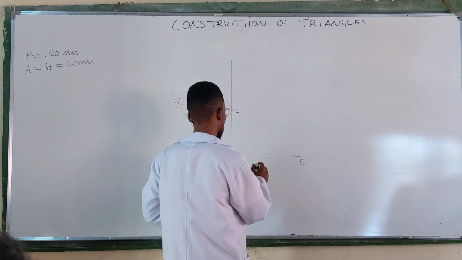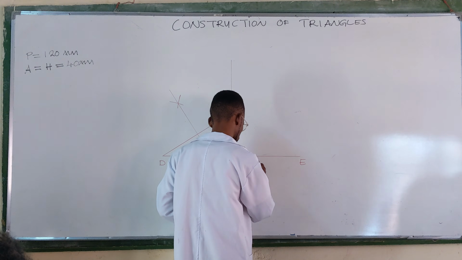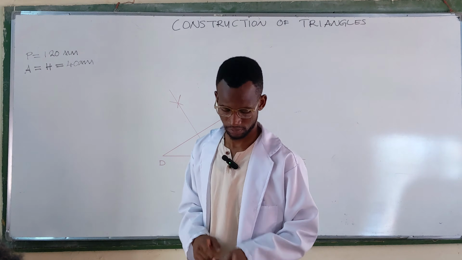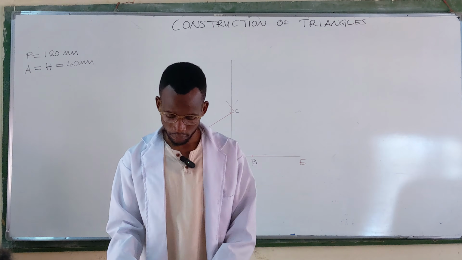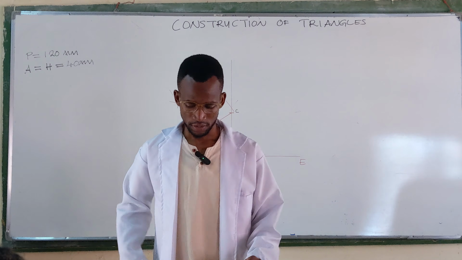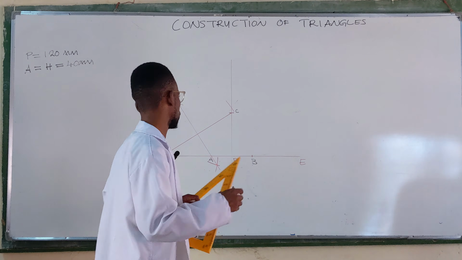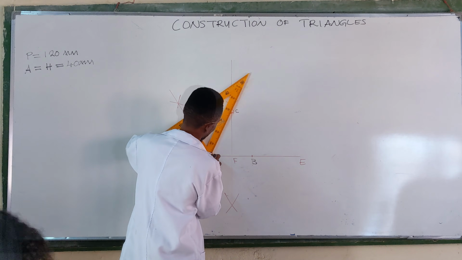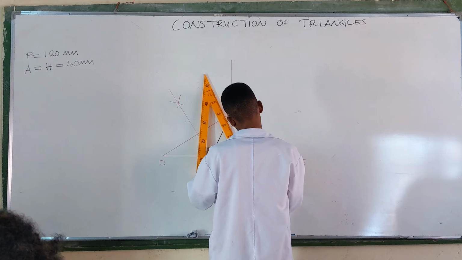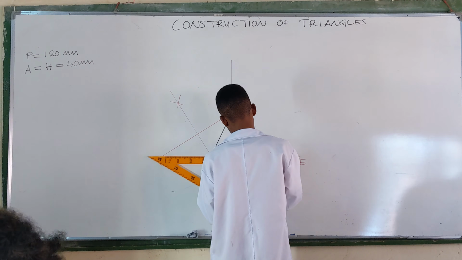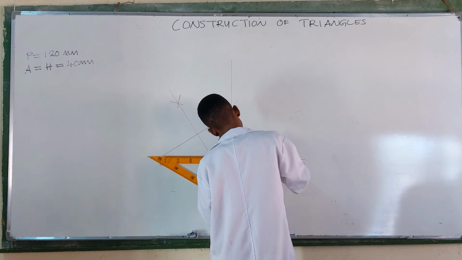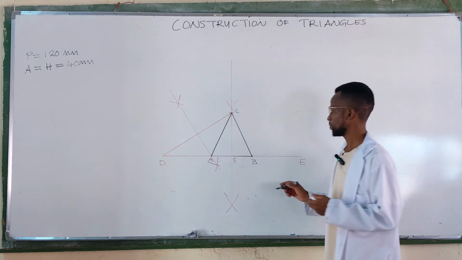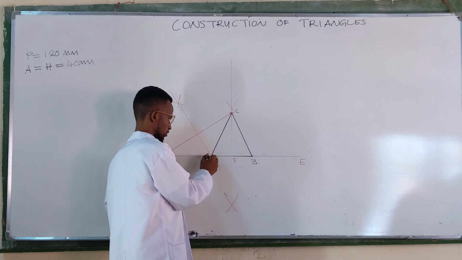And there you have your point B. After finding your point B there, you draw the required isosceles triangle. And that is our triangle ABC.